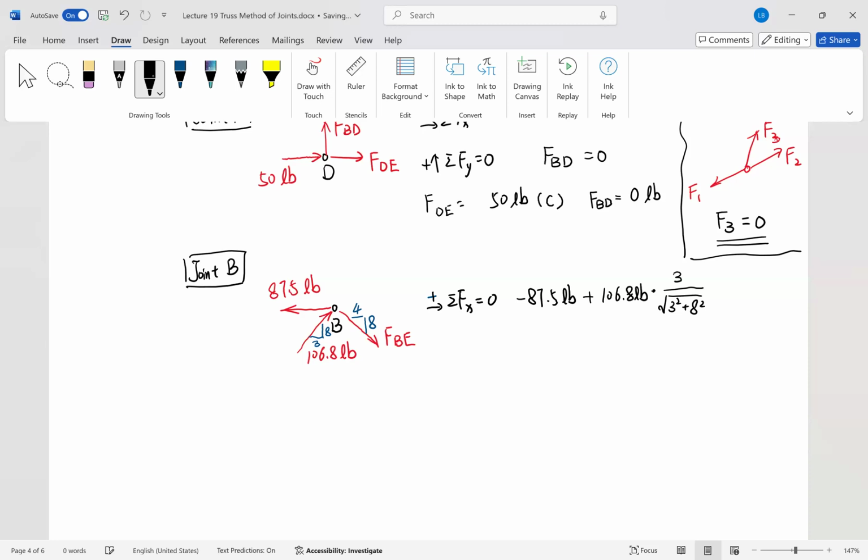Similarly, you can have the horizontal component of member force BE here. And the horizontal component again is the ratio between the base 4 to the hypotenuse. That information is from the small triangle denoting the direction of FBE here. That equals 0.